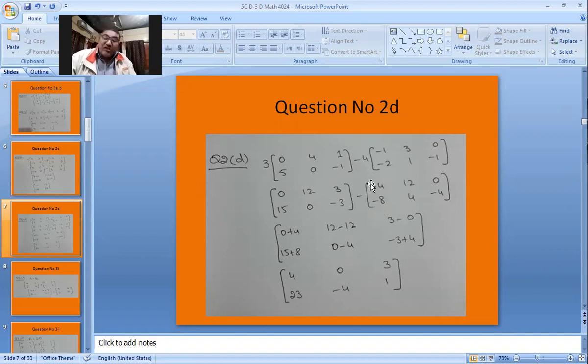So now we need to subtract these two matrices: 0 minus minus 4, 0 plus 4, 12 minus 12, and 3 minus 0, and 15 minus minus 8, that will be 15 plus 8, 0 minus 4, and then you have minus 3 minus minus 4. 0 plus 4, that will be 4. 12 minus 12, that will be 0. 3 minus 0, that will be 3. 15 plus 8, that will be 23. 0 minus 4, it will be minus 4.